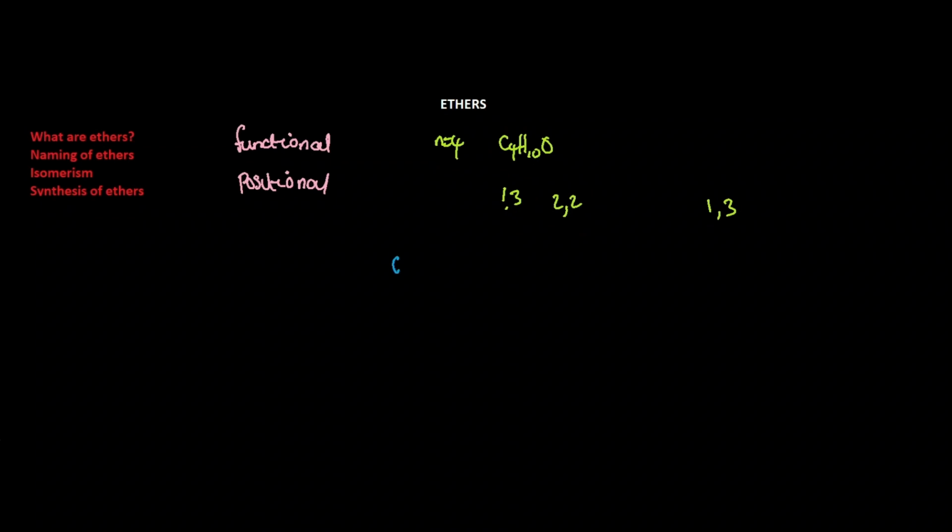Having 1, 3, we have methyl, which is CH3O attached to C3H7. This is one alkyl with this general molecular formula. Notice we have 4 carbon atoms and 10 hydrogen atoms with 1 oxygen atom. This is an example, and this would have the name methoxypropane.